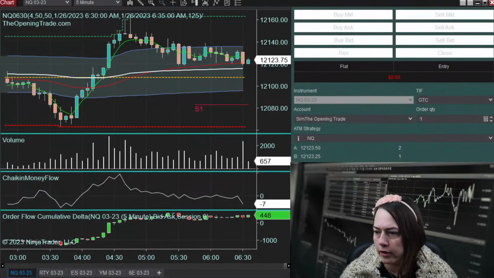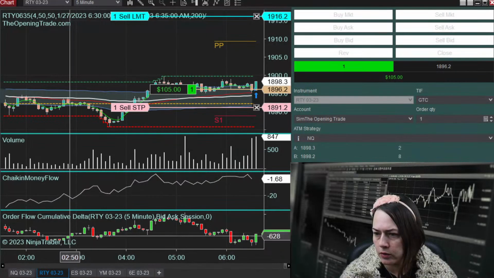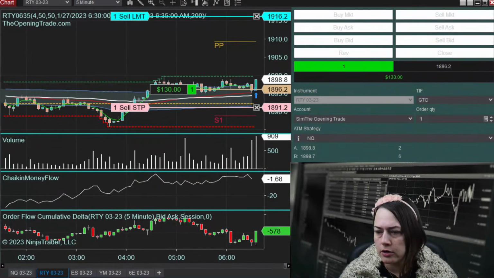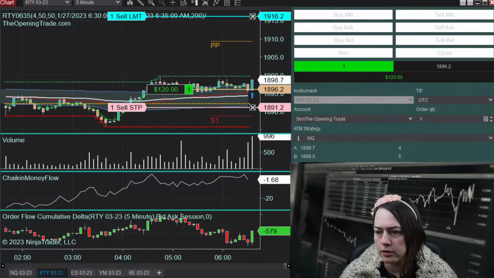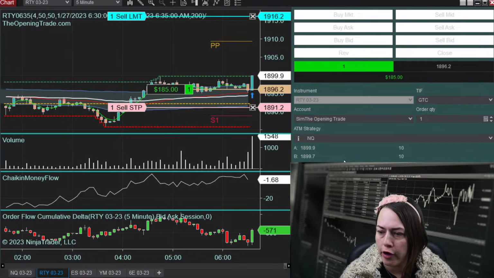Okay, so it was not the NASDAQ that fired off, it was the Russell. So we see that the Russell went into a trade here. And the NASDAQ did not see the necessary parameters to fire off its trade, which is totally fine.